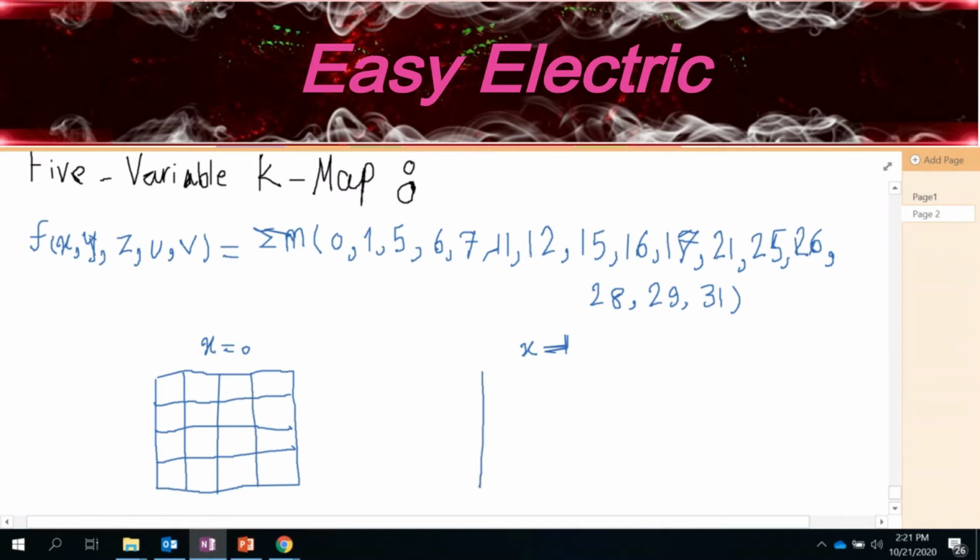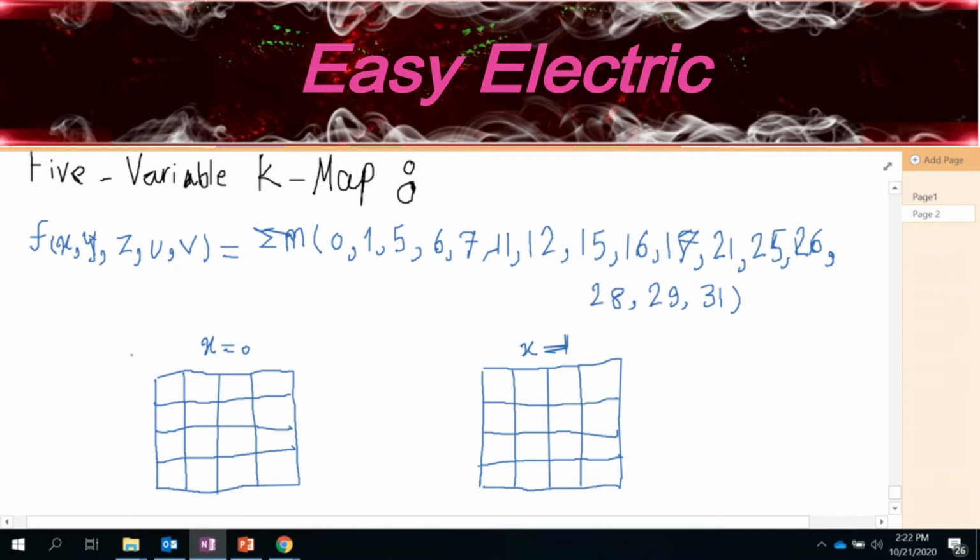Another one here. Okay, so you put x for each of them. In this 16, x is 0, in this 16, x is 1.